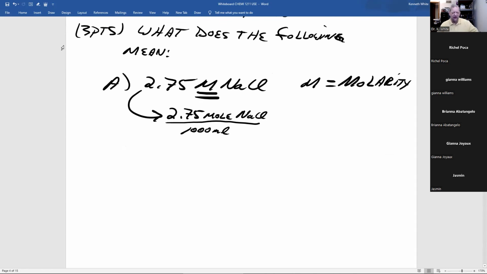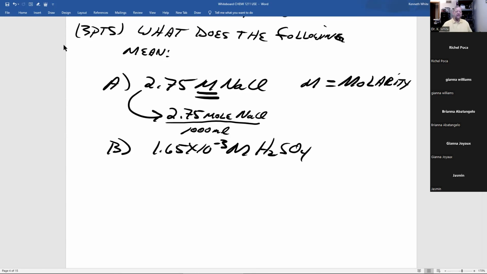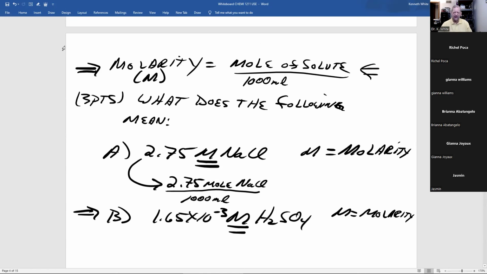Oh, this is fun. Let's do another one. And the question is, what does this mean? And I'll do this, then I'm going to have you have fun too. Capital M. M means molarity. And what is molarity?